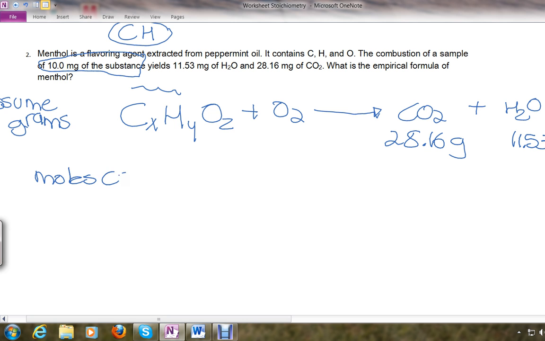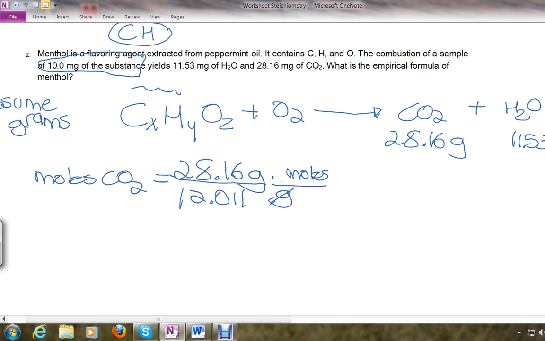Moles of CO2 would be equal to, let's use grams, 28.16 grams divided by 12.011 grams per mole, right? Equals, and this should give you 0.63985. I didn't get more decimals, but if you can do it, moles.